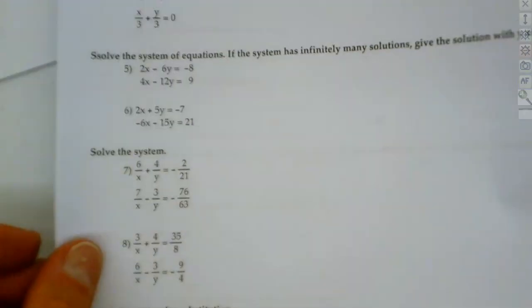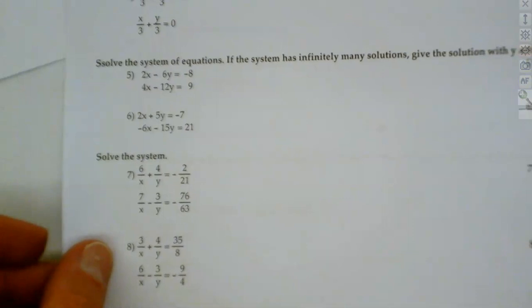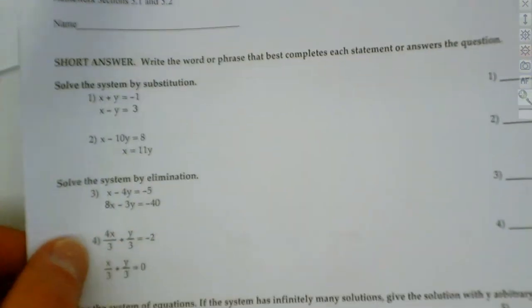Actually, I took that complicated one out, but there are some that have fractions. So several of these have fractions. There's some here, and there's some of them up here. But let's look now at question 30. Students sometimes struggle with how to clear these fractions out.